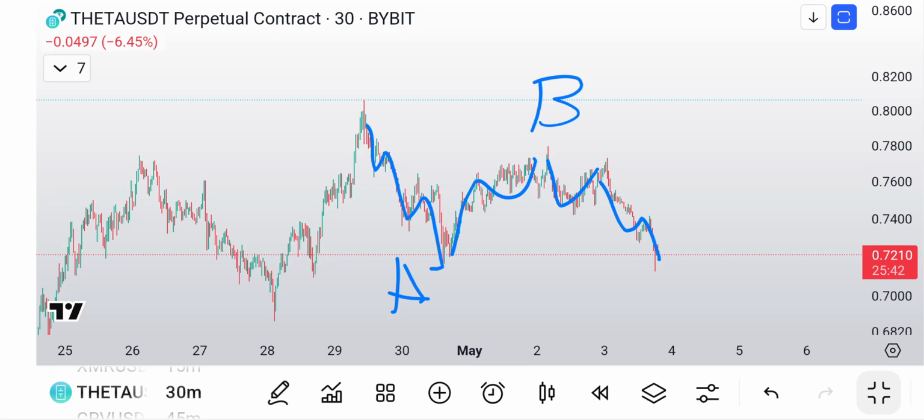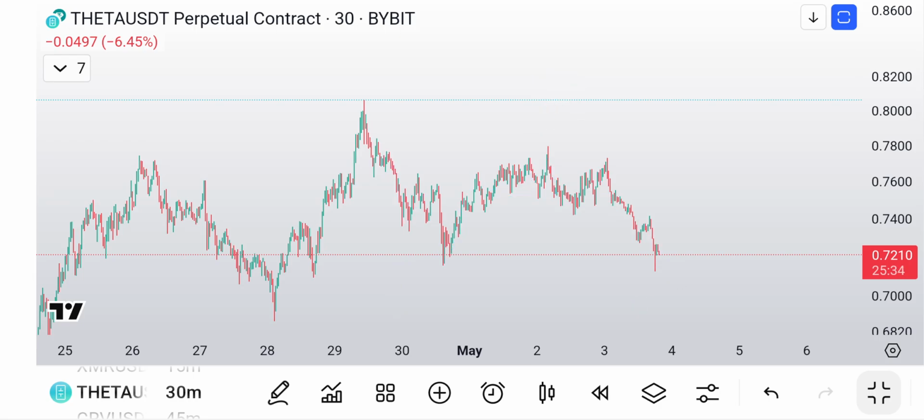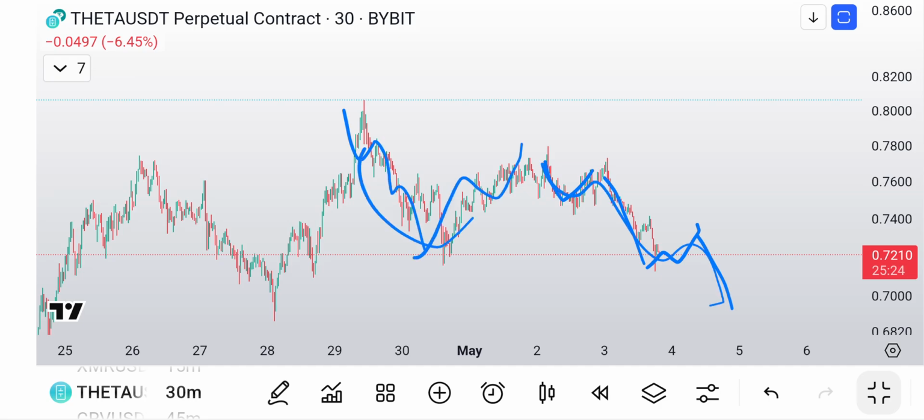Is that 3 4 and 5? Maybe like a kind of diagonal shape. And there's your C. Or is this 1 2 and then all of that's 3, and then we're going to get a 4 and then a 5. Right? 1 2 3 4 5, 3, and then 5, and that's your A, B, C, and then you kind of chill out a little bit and then go up.